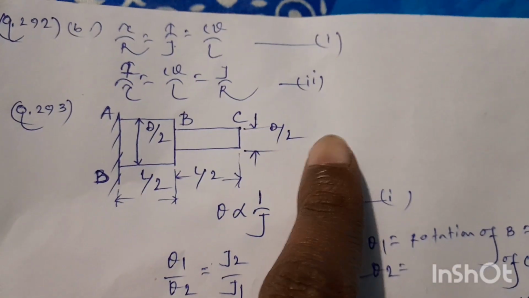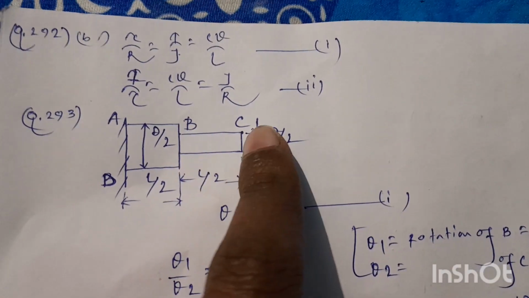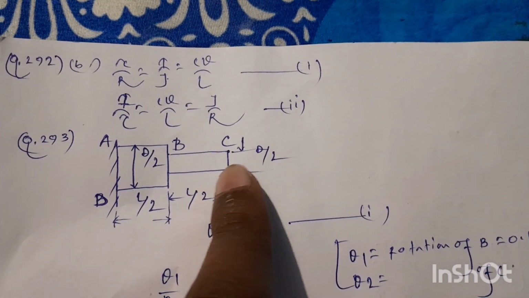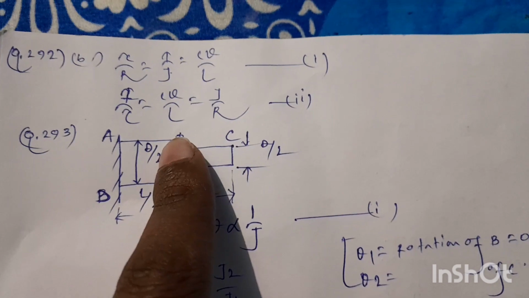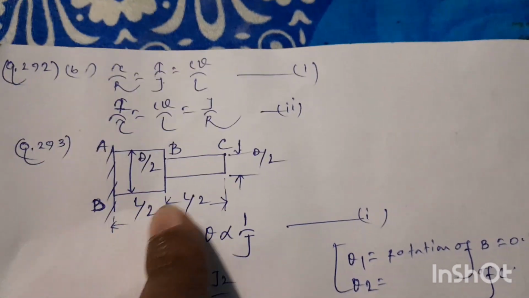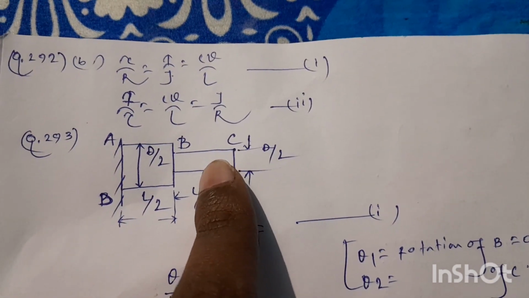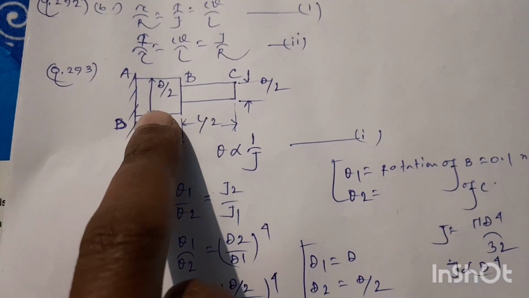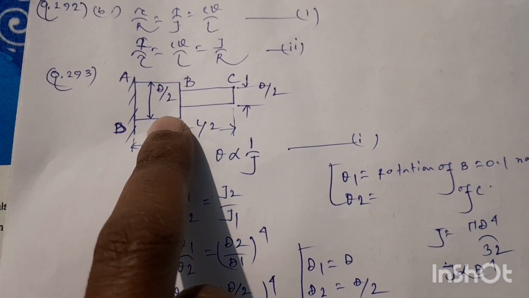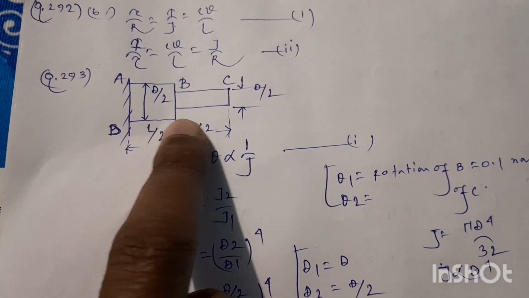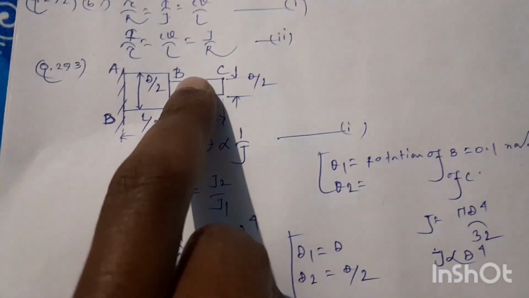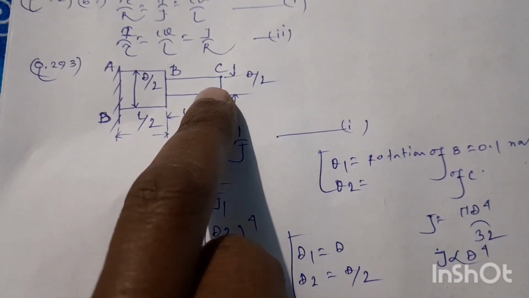For the shaft ABC, the portion BC has a different polar modulus from the portion AB because their diameters are different. The diameter of the portion AB of the shaft is capital D1 equal to capital D, and the diameter of the portion BC will be capital D by 2.